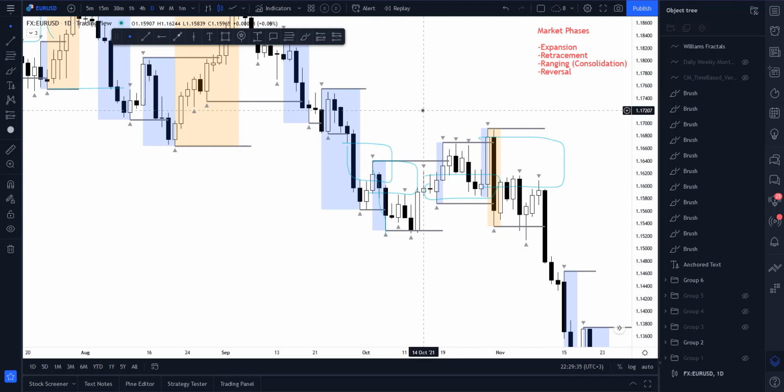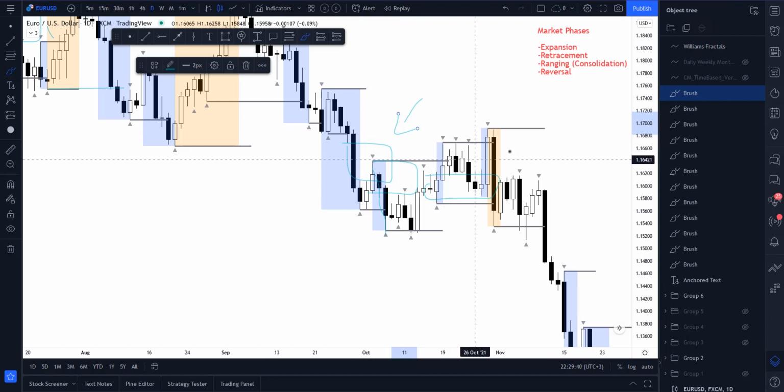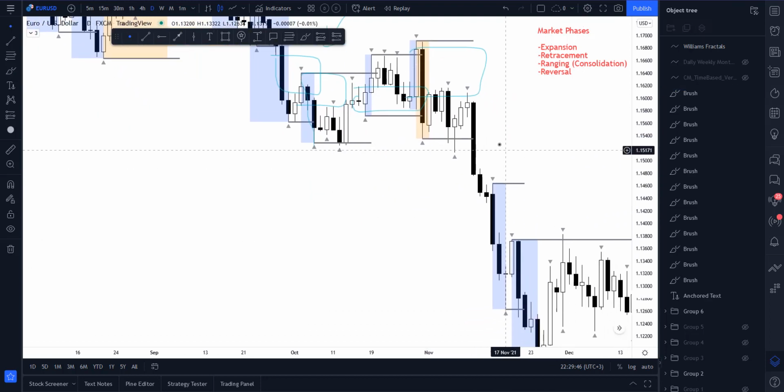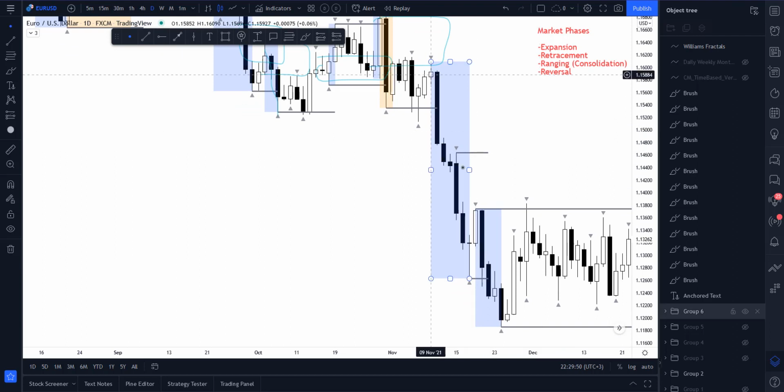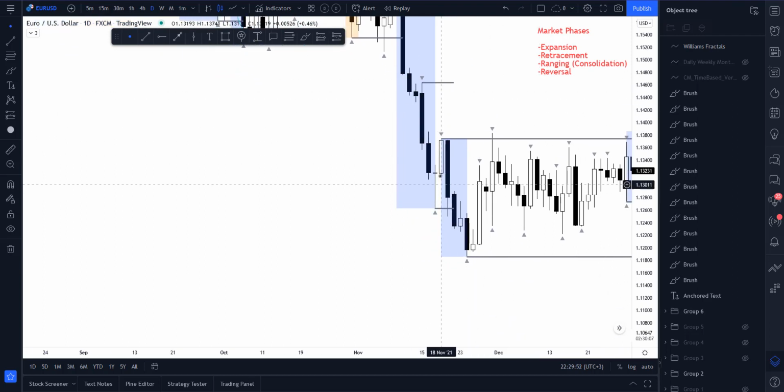So yes, price mitigated here, then created a new expansion phase to the lower side. This expansion phase might be like this one. Then price starts the retracement phase, mitigates an order block, probably a lower time frame order block right here, then goes back lower.